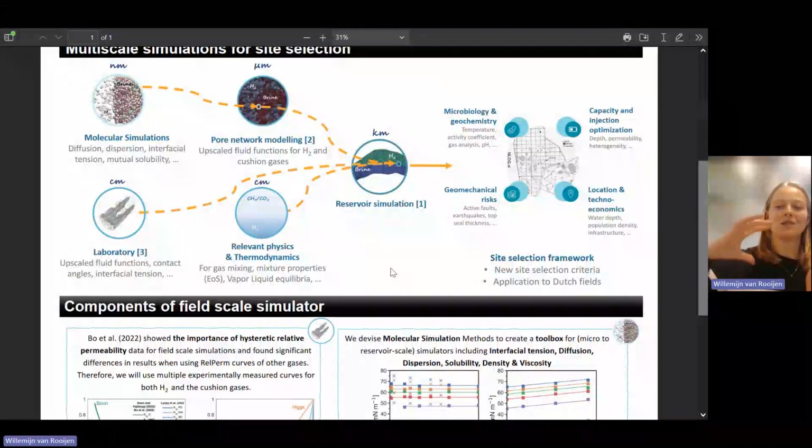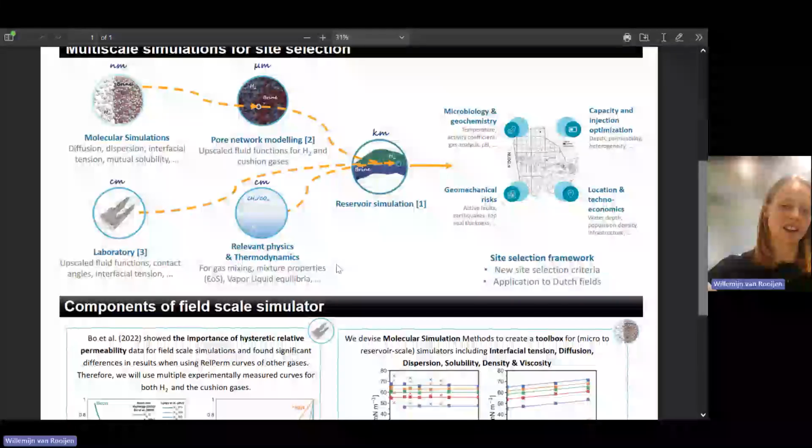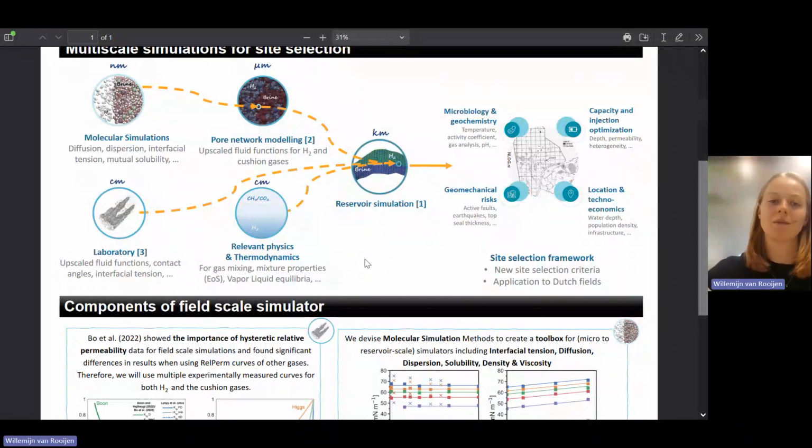Well, actually, a big part of the simulations will be a mix between hydrogen and the gases that are already present or that we use as cushion gas, like methane, hydrogen mixtures. And how will the thermodynamics impact the behavior of those gases? How will the solubility be impacted by the gas mixing, and so on?